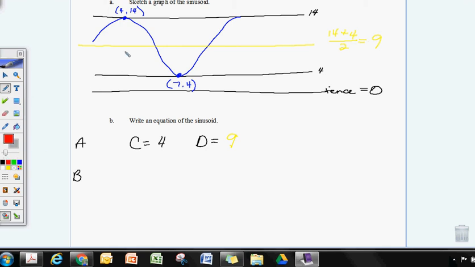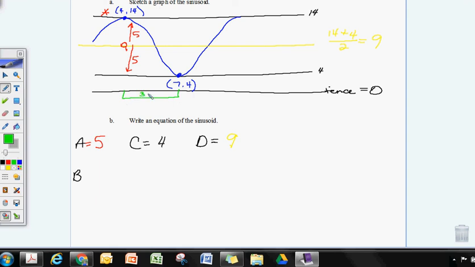So now that I know that this is 9, I didn't write it nice, and I'm going up to 14, that spans 5 units, and I'm going down to 4, that spans 5 units. My A value is 5. No flip because it actually started on the up. So the last thing that I need to deal with is the period. And the period goes from 4 to 7.